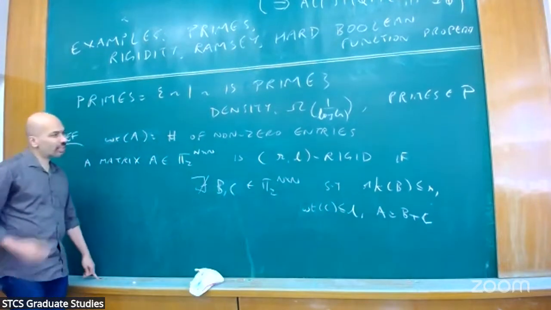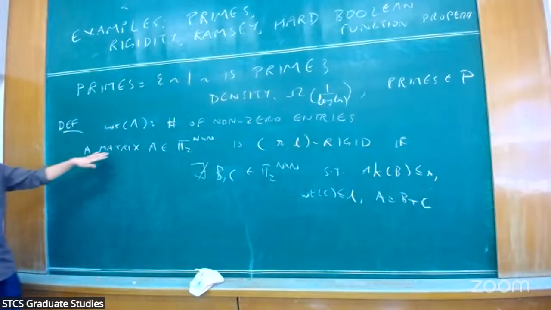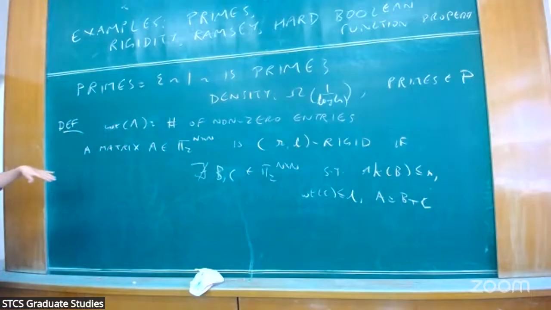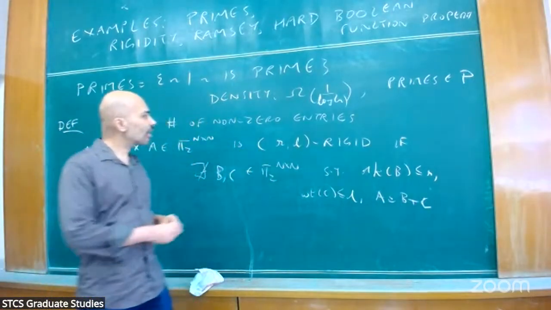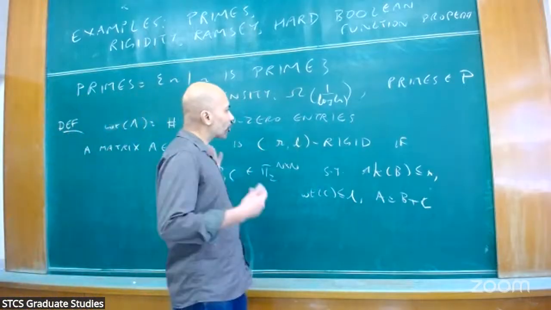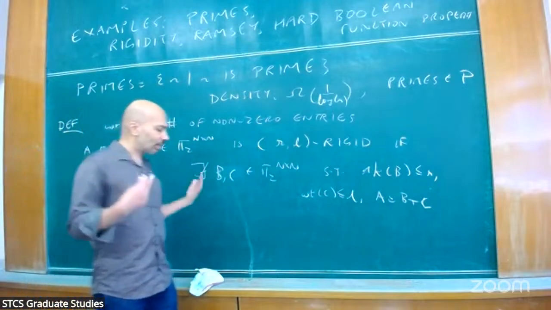And rigidity is a notion that's been very well studied in complexity theory since the 70s, because it was first defined by Valiant. If R is like n over log n, and L is like n to the 1 plus epsilon, and you get an explicit construction of a rigid matrix, then you actually get some lower bounds for certain kinds of linear operators.